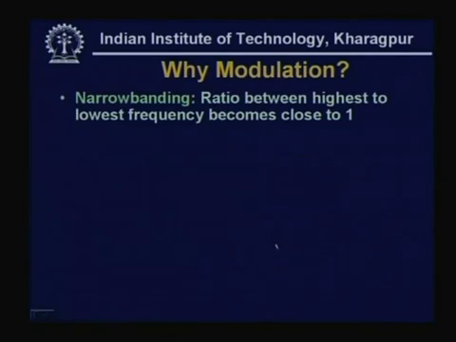What are the other benefits? Another important benefit of this modulation is narrow banding. Suppose you are trying to send a frequency range of, say, high fidelity audio, which has a frequency range of 20 hertz to 20 kilohertz.